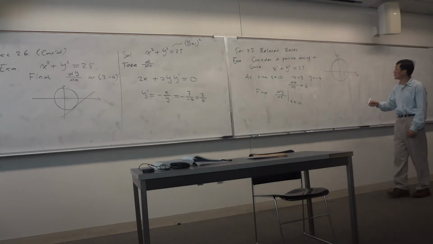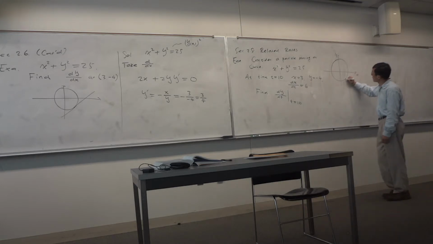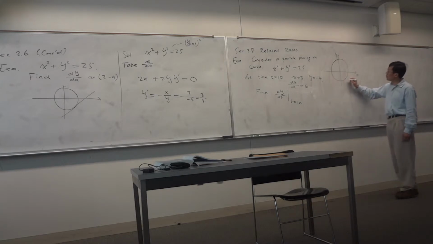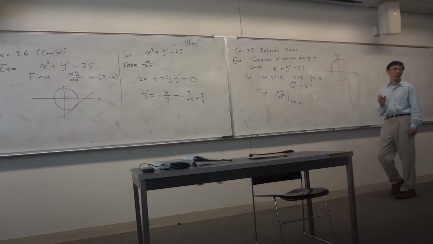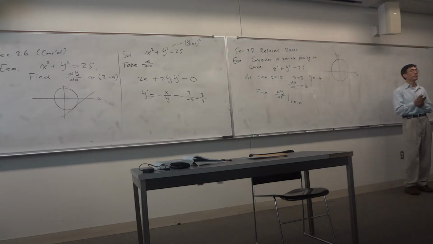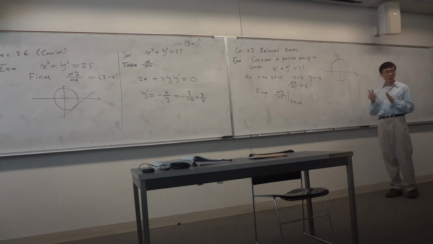By the way, based on that data, can you tell me at that moment, is the particle moving clockwise or counterclockwise? Can you tell that, based on what I have over here? It's counterclockwise, is it? Why is it counterclockwise?